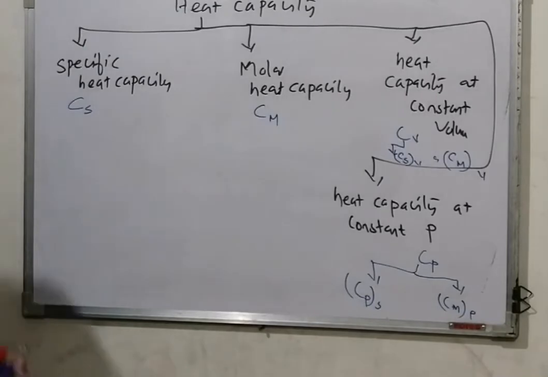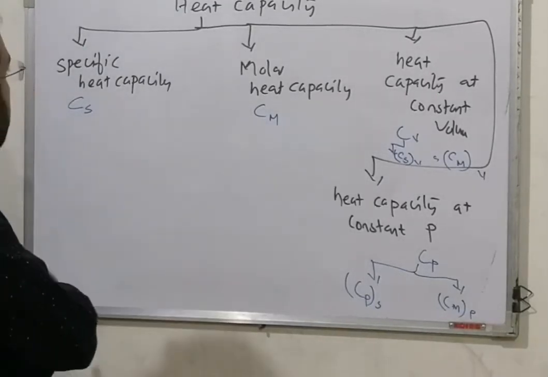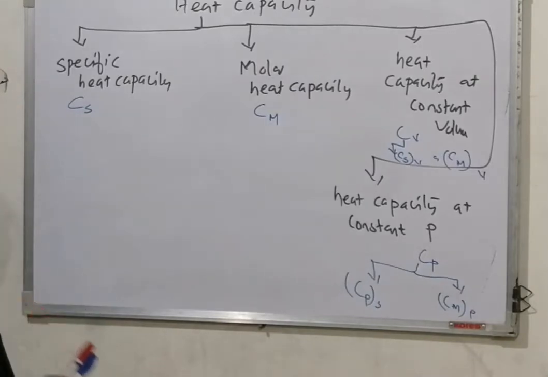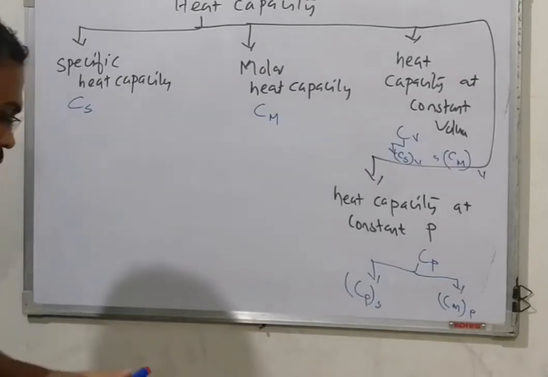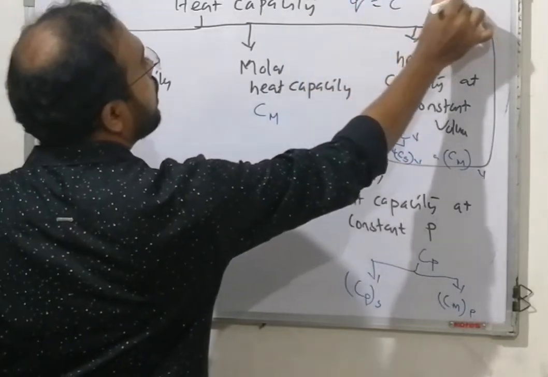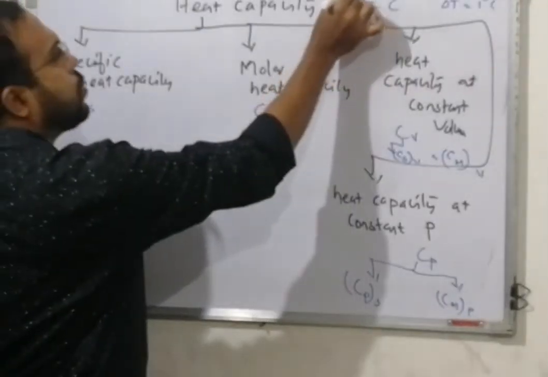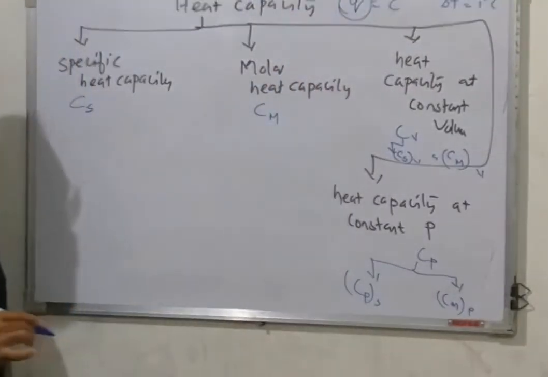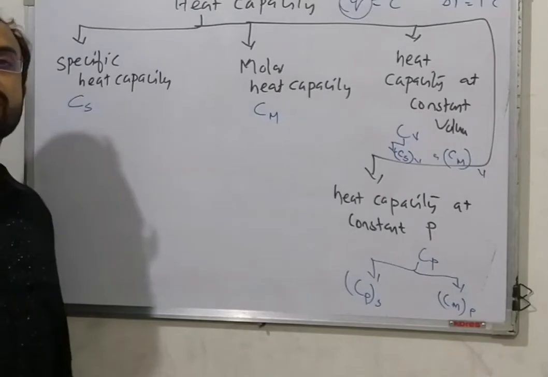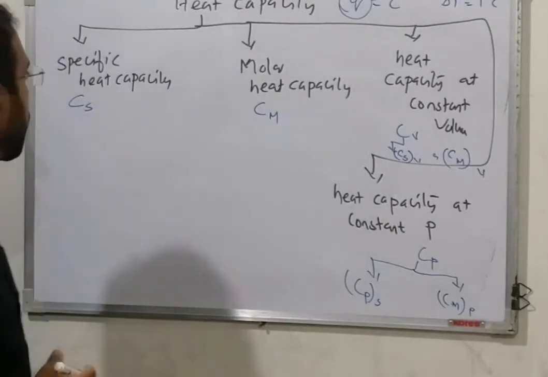Okay. This should be very clear. What is heat capacity? Remember, Q is equal to C where delta T is equal to 1 degree centigrade. What is Q? The amount of heat absorbed by the system to raise its temperature by 1 degree centigrade.